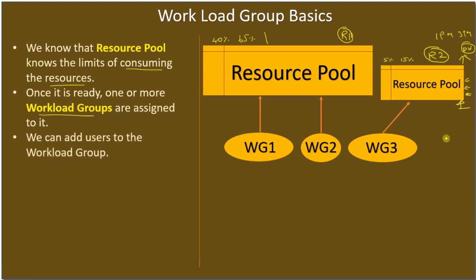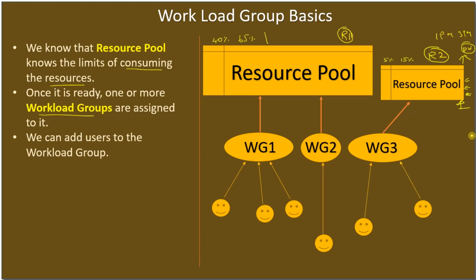We can add users to the workload group. Here at present we have 3 workload groups and 2 resource pools, right? You can have multiple users in your system, and you can assign the users to the workload group. Thereby, you are asking these users to consume the resource on a specific resource pool. Let's state that these two users are automated users. Let's say DTS user.